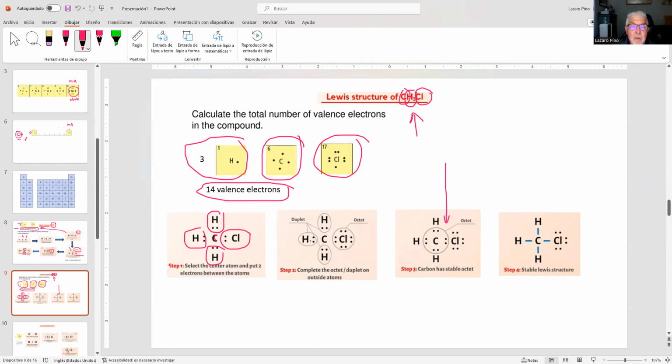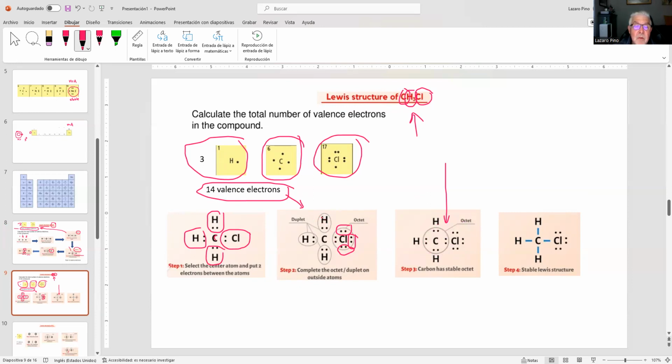But we need to complete the 14 electrons. How many electrons do we have until this moment? 8. Then we have to add 6 more electrons. Then 1 pair here, 1 pair here, and 1 pair here. And now we have 14 valence electrons represented in the molecule. Carbon has the octet rule.